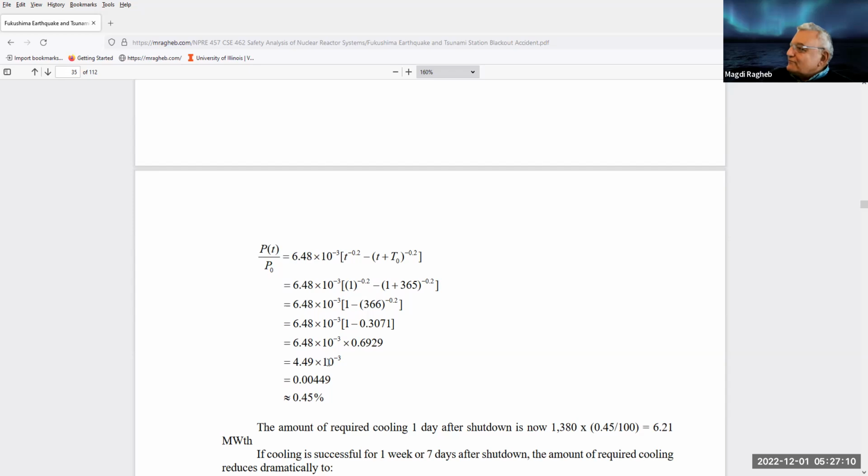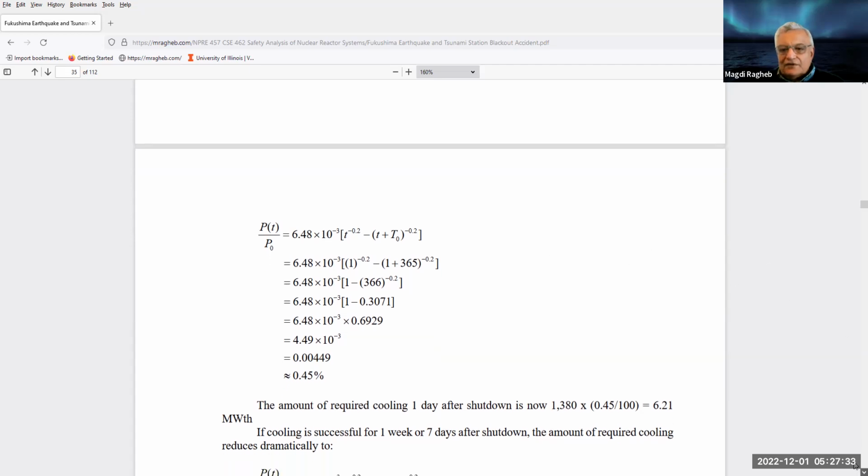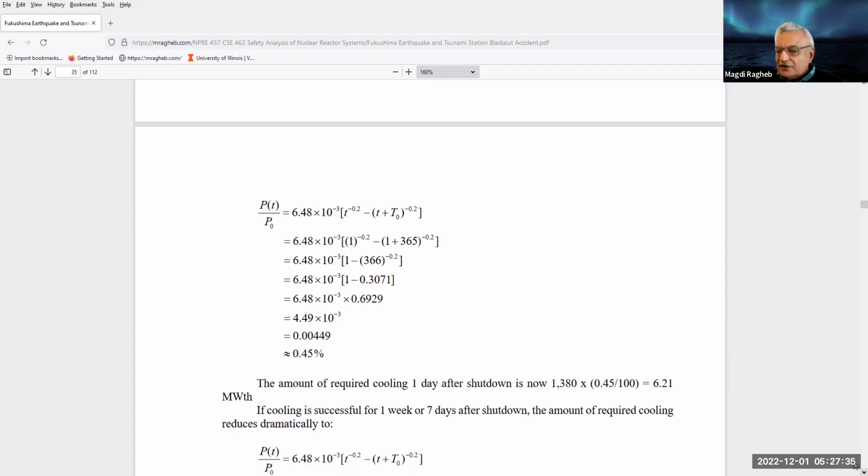So you have to survive really a few hours with the decay heat, and for this reason, the decay heat has been the common feature that caused 3 major accidents that we had to deal with in the nuclear industry. It was in Three Mile Island, it was in Fukushima, and it was in the Chernobyl accident.